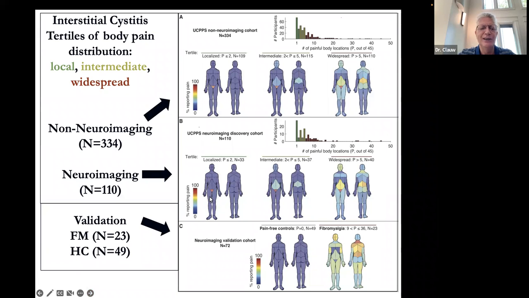These individuals with pain confined to their pelvis actually respond well to things like physical therapy directed to the pelvic floor, whereas these individuals with widespread pain, even though the label is interstitial cystitis, once you see on a body map they have widespread pain, then what they responded best to were things like drugs like duloxetine or gabapentinoids or other treatments that are more centrally acting rather than peripherally acting.